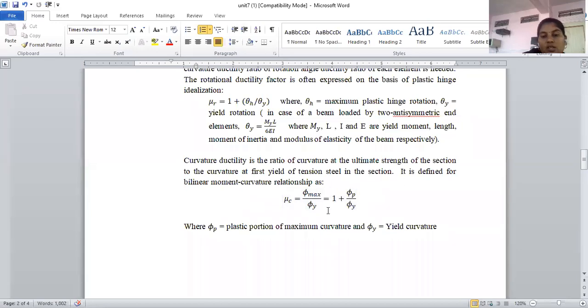And the relation is written here. I request all of you to write down this relation with this phi max, phi y, phi p and phi y.